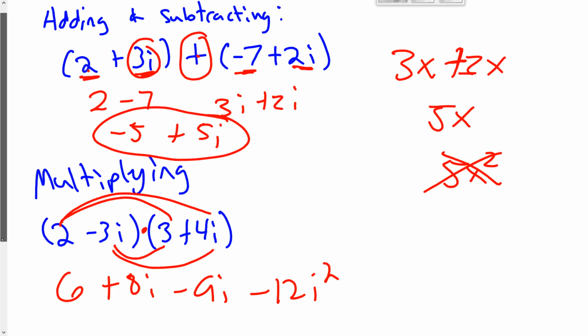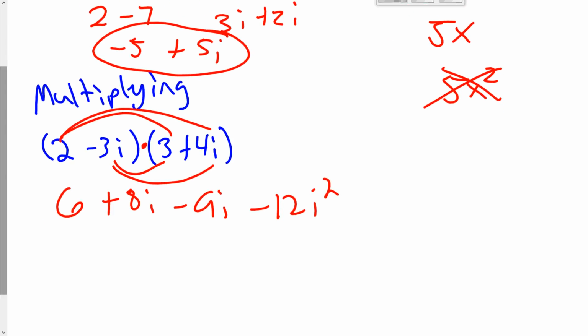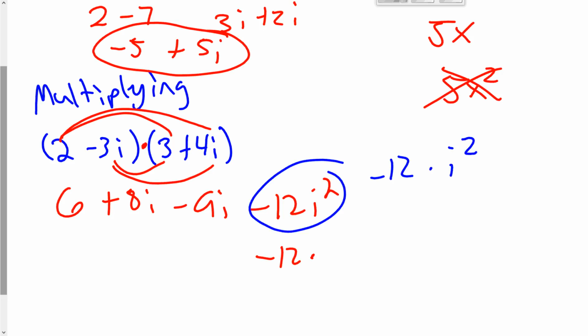Now remember from our very beginning that i squared equals negative 1. So this one right here is negative 12 times i squared. And i squared is negative 1, so that's negative 12 times negative 1, which is just going to change the sign of the number in front of that. So negative 12 times negative 1 is a positive 12.